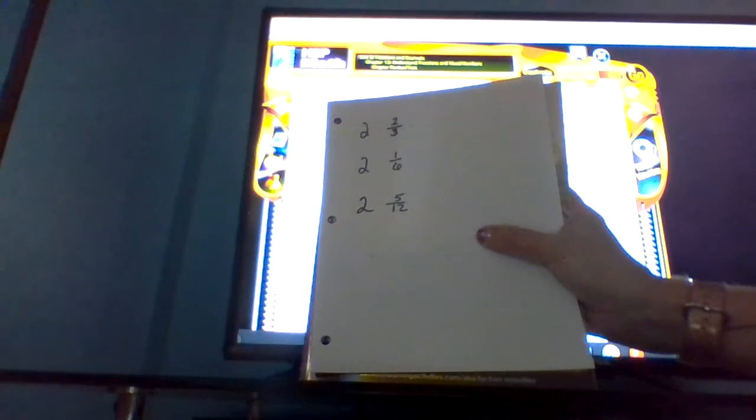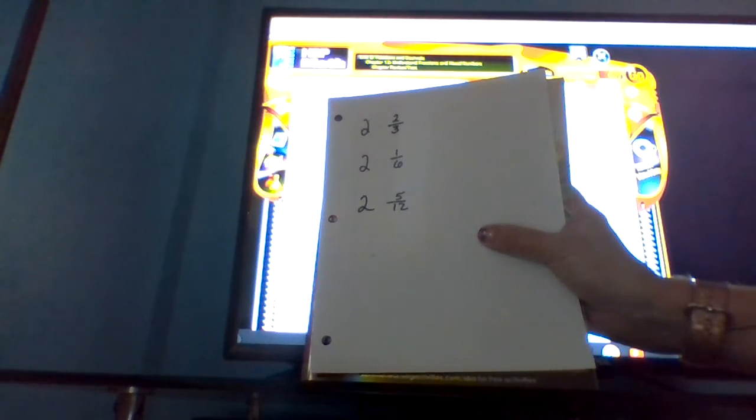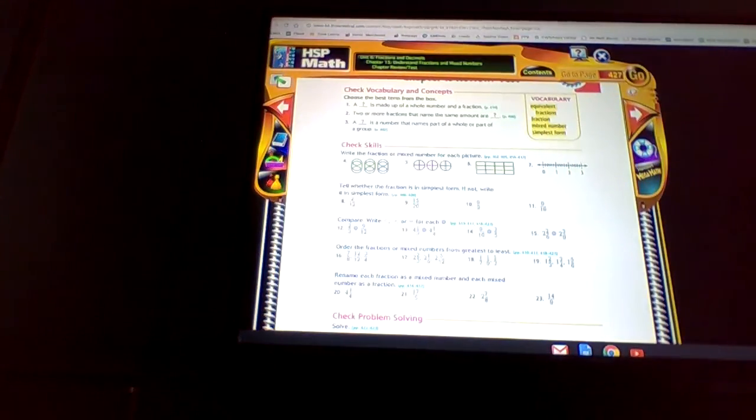Do it on your own. Let's change them to 12ths so we can make our equivalent fractions. I'll do mine, you do yours. I take 2/3 and turn it into a 12th. 3 times 4 is 12, so 2 times 4 is, yep, got it. 6 times 2.